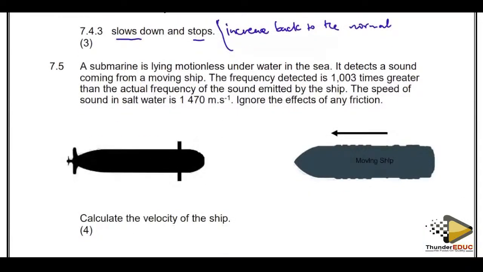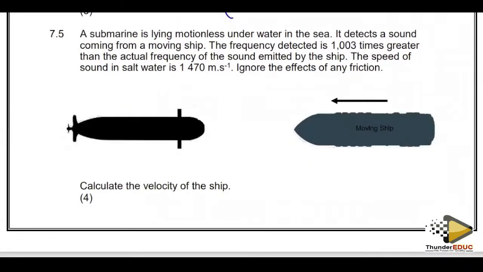7.5, the submarine is lying motionless, so the velocity of the submarine is 0. It detects a sound coming from a moving ship. So the submarine is the listener and the ship is the source. We know that the velocity of the listener here is 0.